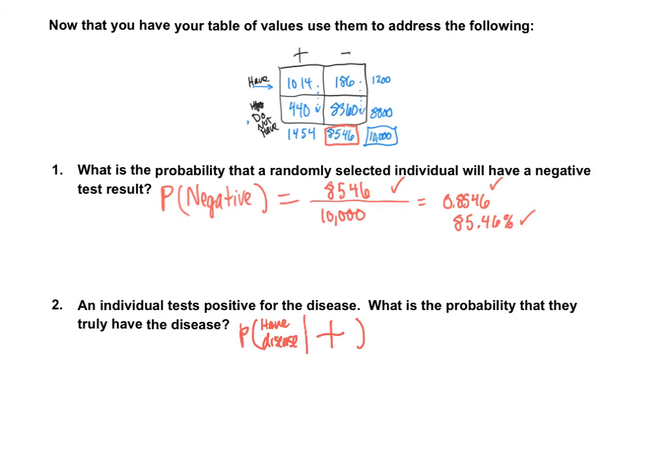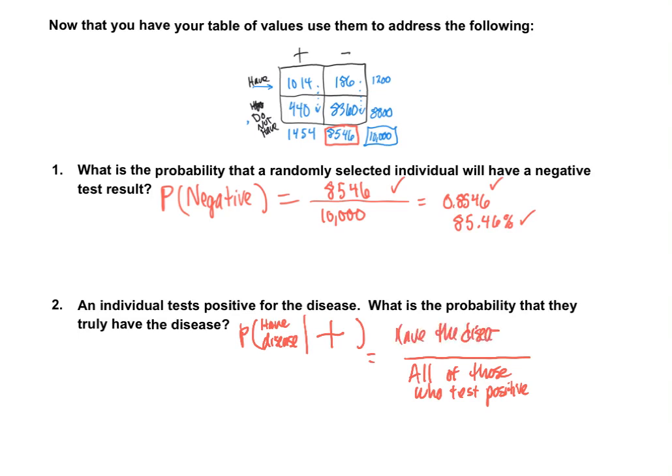We know they test positive, so we want to focus our attention on all of those who test positive. Out of those individuals, what percent or what fraction of them have the disease?